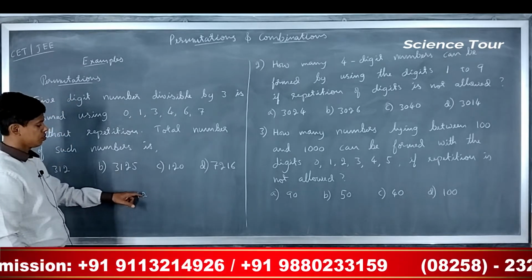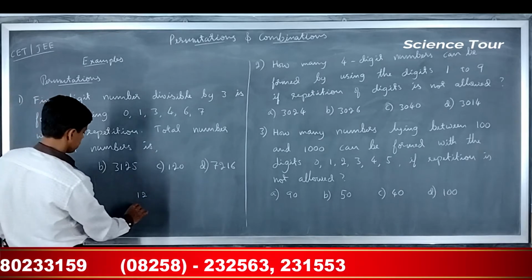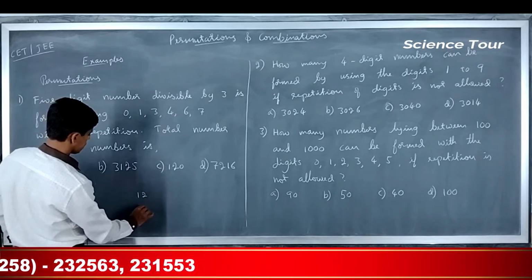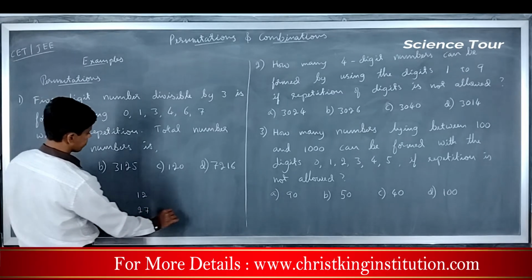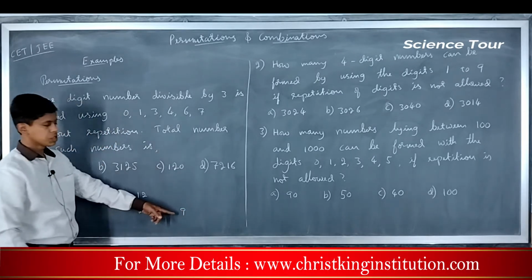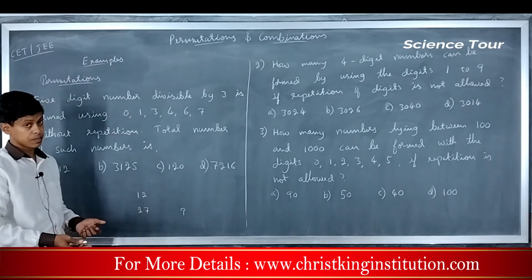So what is the sum of the digits? 3, which is divisible by 3. You take, for example, 27. Now what is the sum? If you add them, the sum is 9. Is it divisible by 3? Yes, you can divide by 3. Therefore 27 is also divisible by 3.